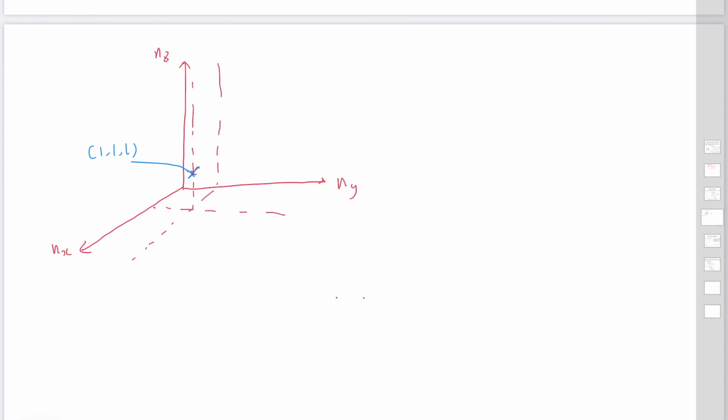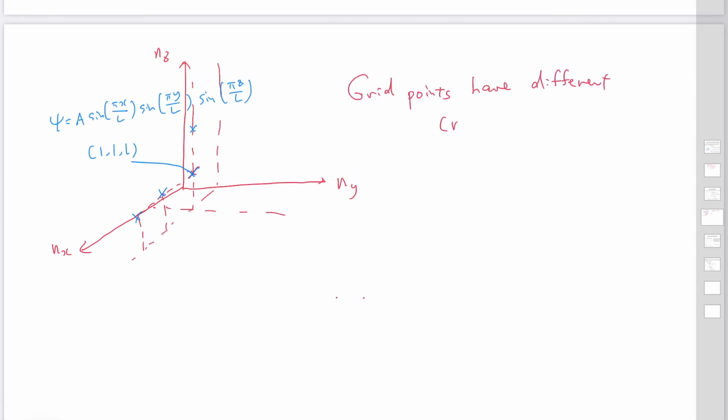You can find the psi wave function: psi is sine pi x over L, sine pi y over L, sine pi z over L. Also, you can find such points like this point, this point, this point. You can find many grid points, each with a different n_x, n_y, n_z.